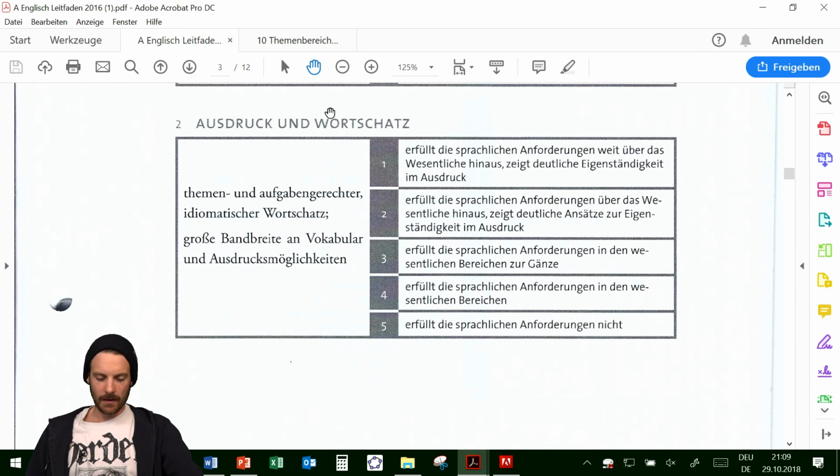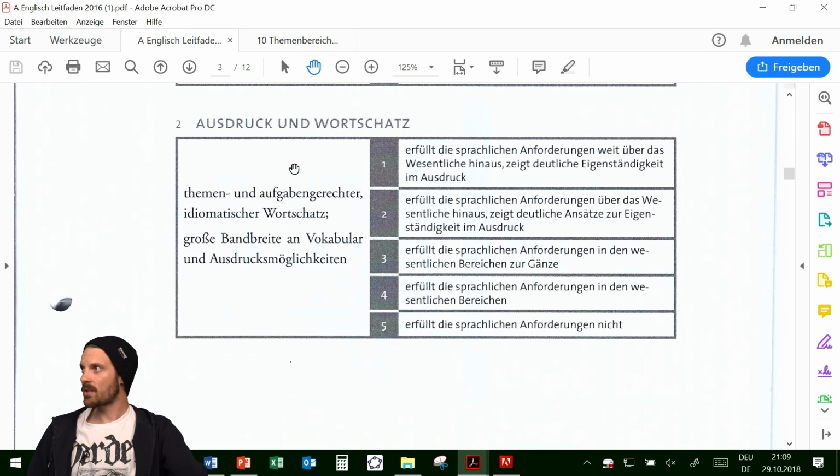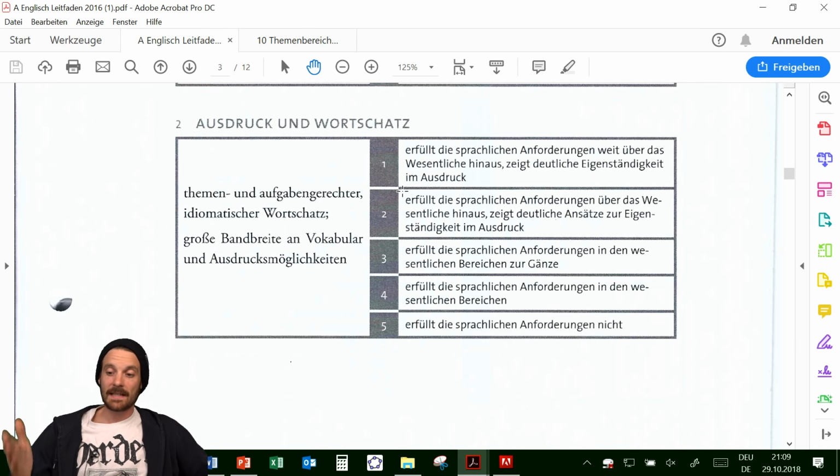Then it's all about the pronunciation and your vocabulary range. Of course, the first one then is you know all the vocabulary that is needed for the level you're assessed in.